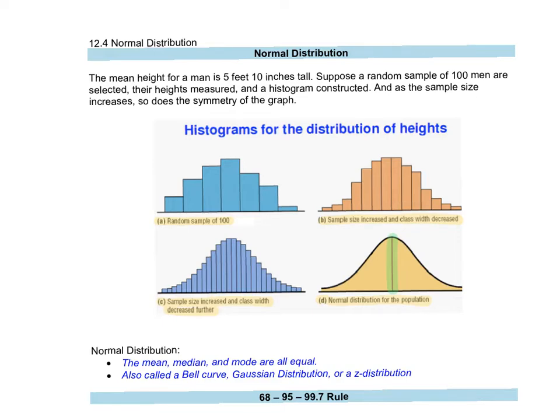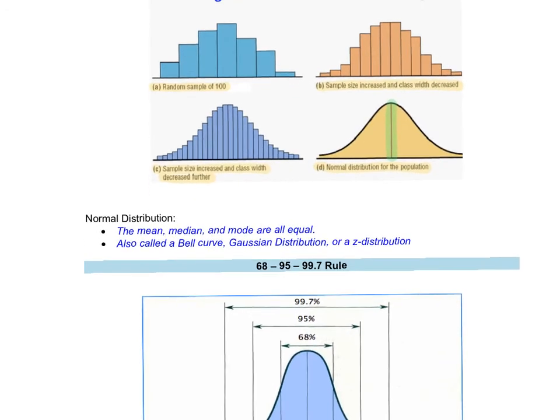So this is a normal distribution. In a normal distribution, the mean, the median, and the mode are all going to be the same value. You may have also heard the term bell curve, or maybe the Gaussian distribution, or a Z distribution. So they all describe a normal distribution.